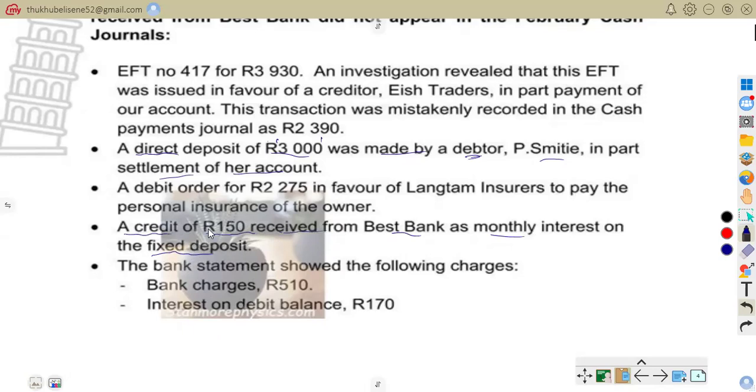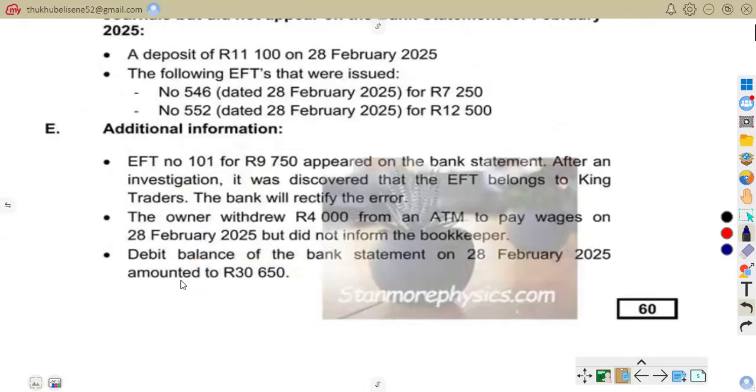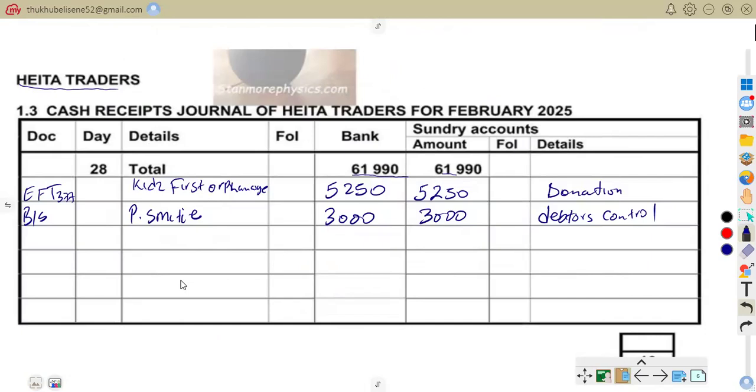So the business is going to receive this interest, and we are to record it under the cash receipt journal, people. So that is business as our document number. We have Best Bank, the bank that we deposited our money to, and it comes with interest. We invested our money, and our interest is 150.